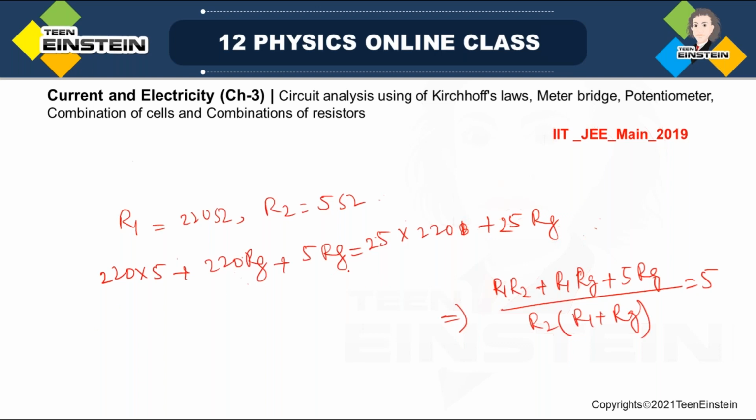Now you can solve for Rg and you will see that it will be 4400 divided by 200 ohm, and this will give you 22 ohm eventually.